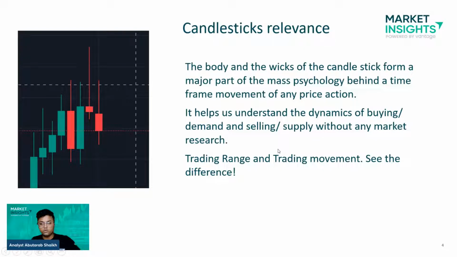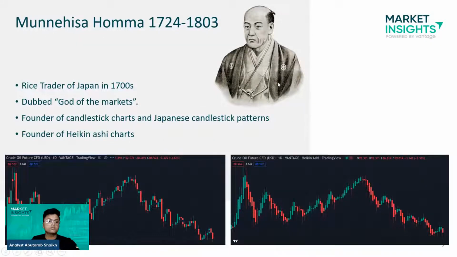So this outstanding person, this god of the markets, he is also called the god of the markets, and he lived in the era of the 1700s. The 1700s is when there was no technology, there was nothing. If you wanted to learn something, you had to go to actual physical teachers, right? Today you won't be sitting on whatever device you have and listening to me directly.